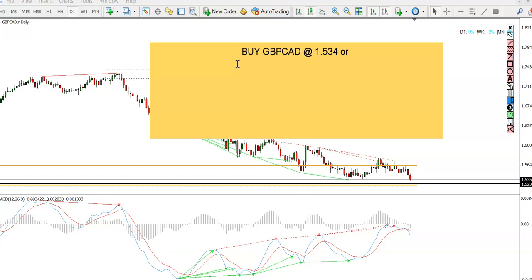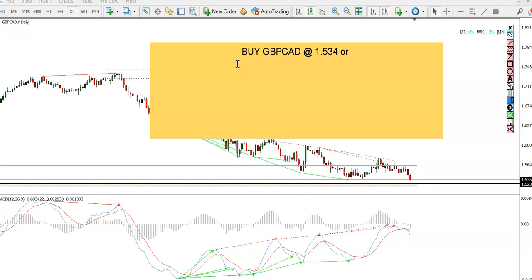Or if you're more risk averse, you can wait for the first MACD divergence signal to appear in the 1 hour or the 4 hour chart this week.